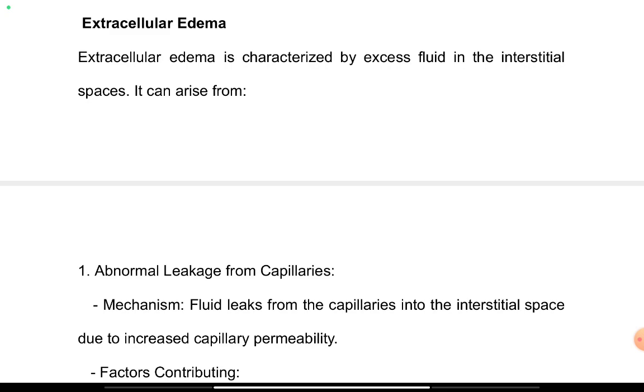Now, when you want to talk about causes of edema, you have to start based on what? Based on the physiology. You already know the physiology. You know where the hydrostatic pressure is coming from, which I said is from the pumping activity of the heart and the fluid volume in the what? In the blood vessels. That's where the hydrostatic pressure is coming from. And you know where the oncotic pressure is coming from?